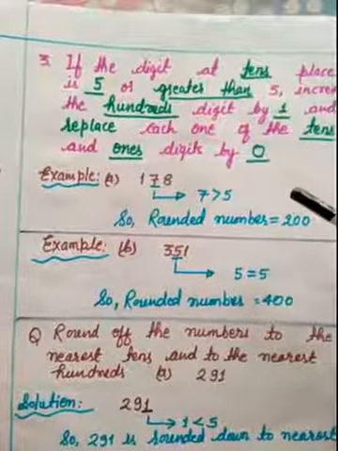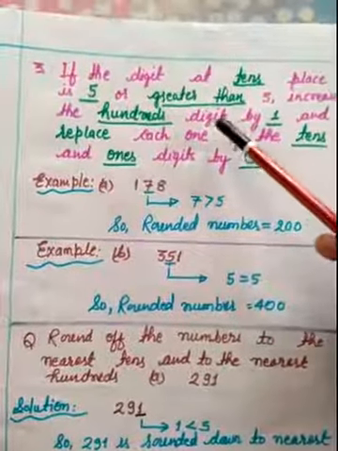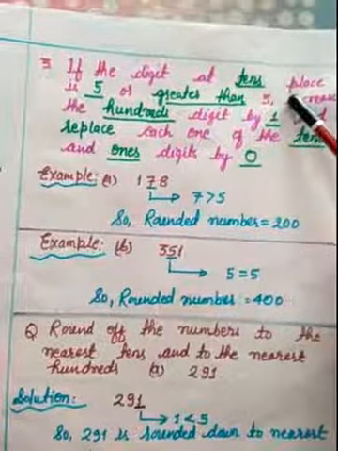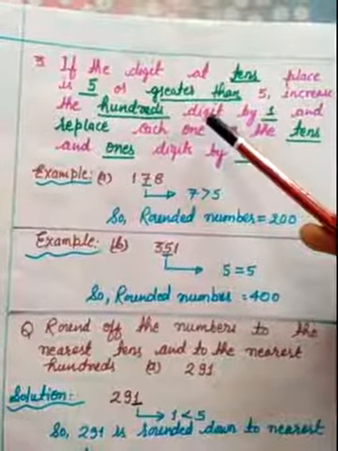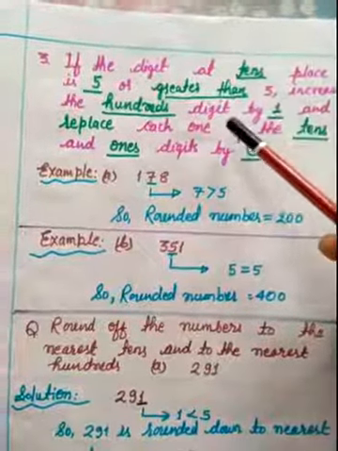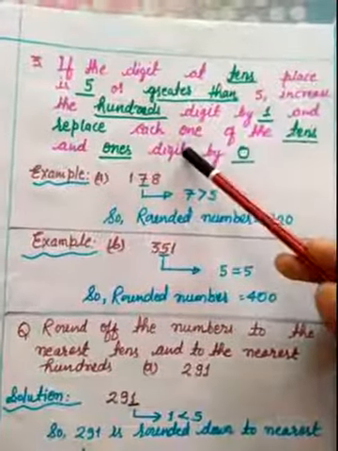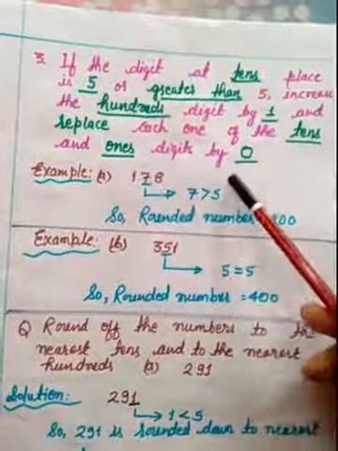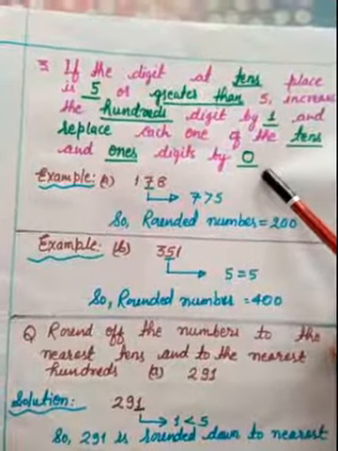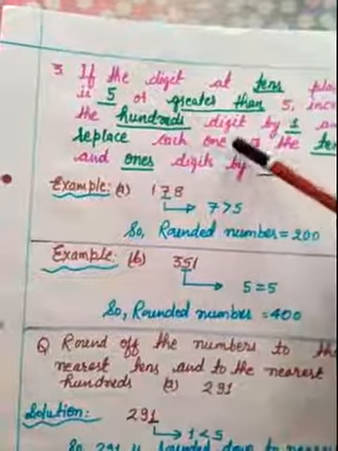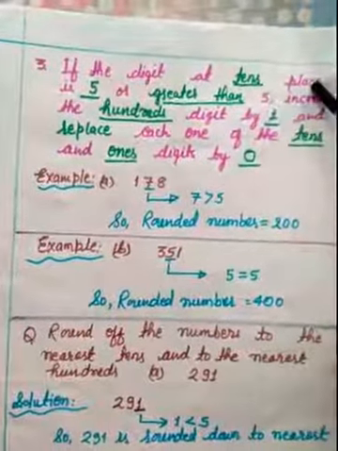Now see another example. The second step is: if the digit at tens place is 5 or greater than 5, then increase the 100 digit by 1 and replace each one of the tens and ones digits by 0. We have an example, the number 178. We first see the tens place digit.